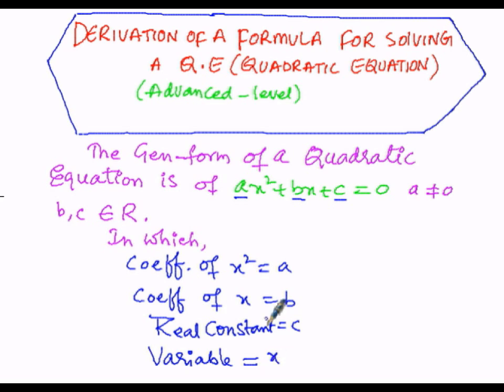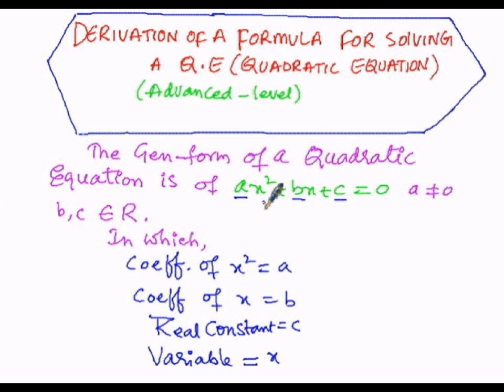In order to solve the value of x, since the quadratic equation is of the second degree, therefore it has two roots. So here, in order to solve for two roots, there must be a formula.